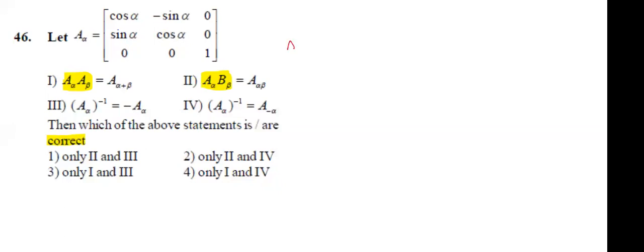Now I am going to write A alpha into A beta. A alpha is already given: cos alpha, minus sin alpha, 0; sin alpha, cos alpha, 0; 0, 0, 1.